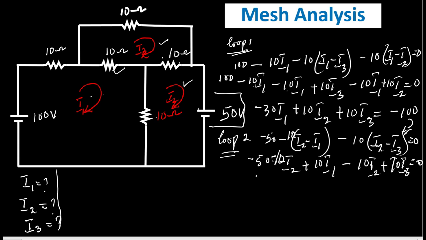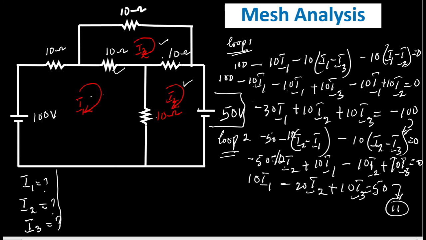Let's collect like terms. Obviously, I1 is positive, 10 I1. Then I have minus 10 I2 minus 10 I2, that's minus 20 I2, plus 10 I3 equals 50. Let's tag this my equation 2.